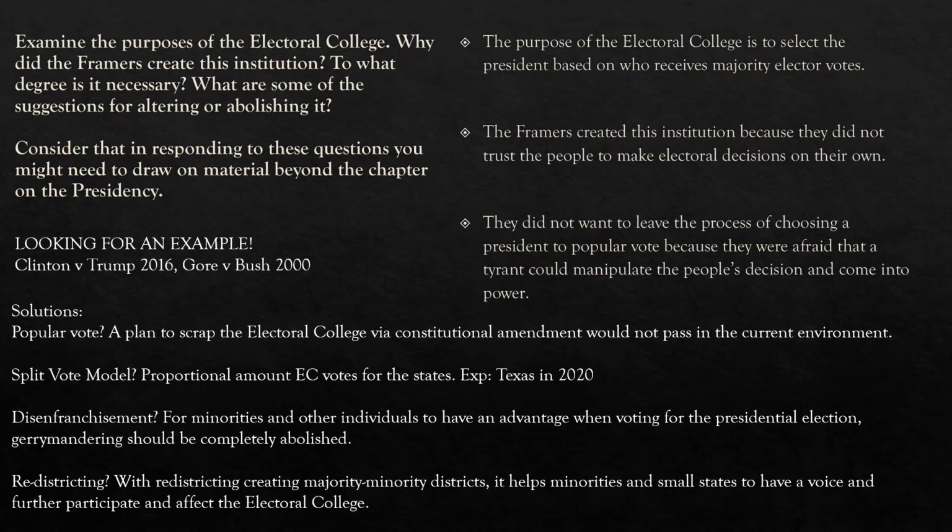They didn't trust people to make a good faith effort to actually learn about candidates and choose the person. They kind of shifted the blame more towards the candidates, saying, "Hey, candidates could come in and manipulate people's decision and come into power, and then pull an autocrat, despot, dictator move and just stay in power forever, and then America is no longer a democracy."